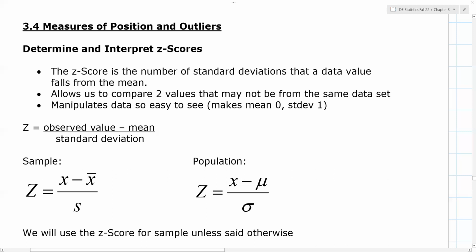Let's make sure we bring that infant in and give it some special help. So do we need to monitor how much it's eating? Those types of things. The other thing you can use it for is to compare two different populations together.